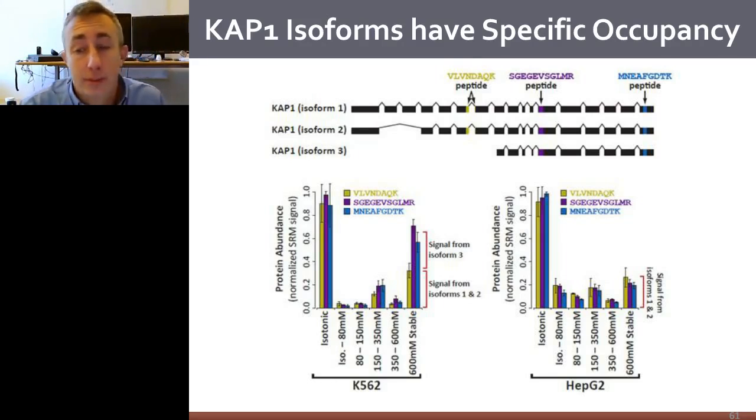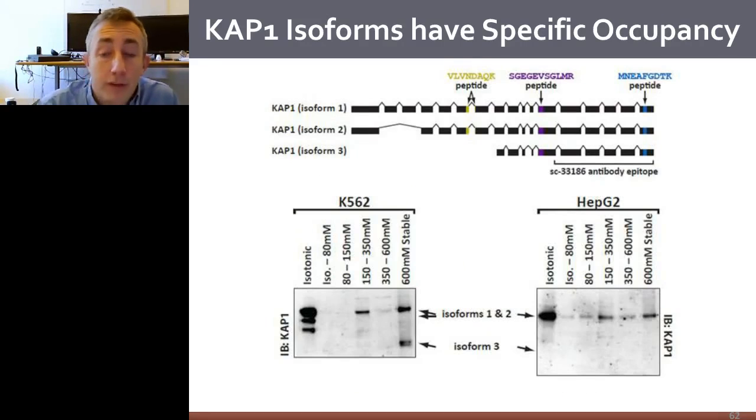Of course, this is tissue specific, because in HepG2 we don't see this difference at all. We confirmed this by Western blot using an antibody to the carboxy terminus, and you can see here there is a smaller molecular weight isoform that's present here.